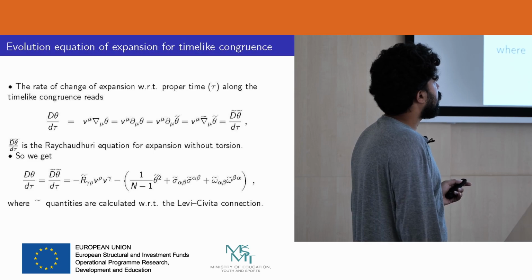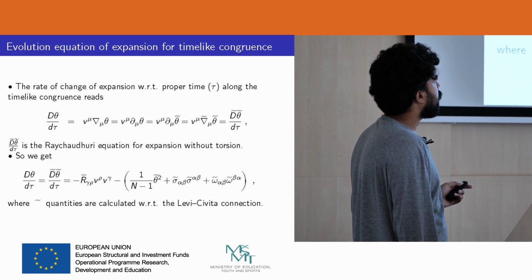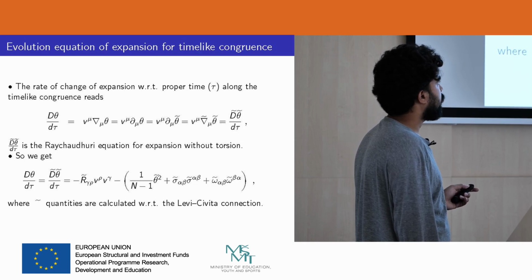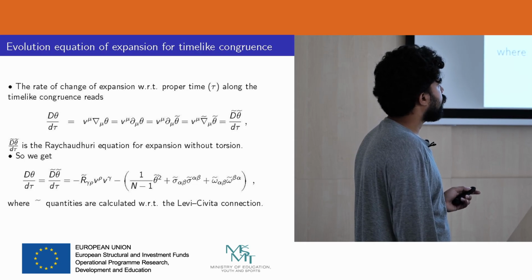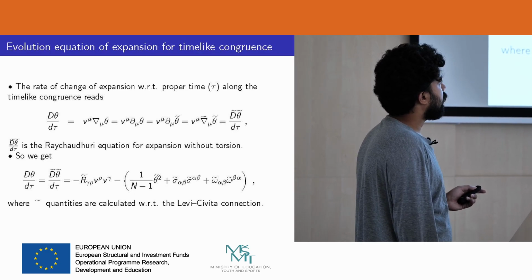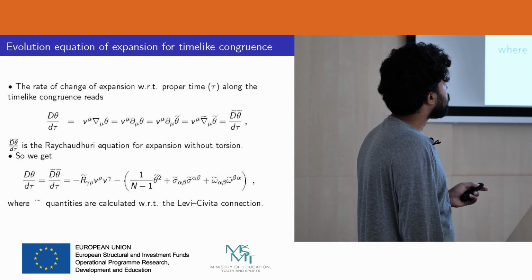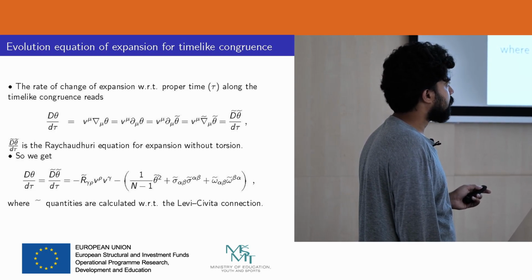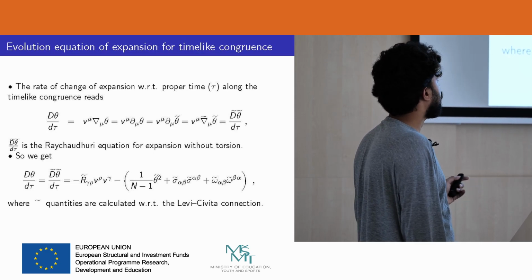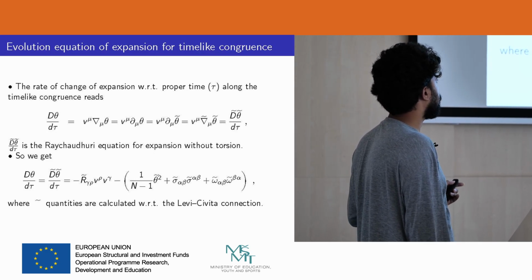So we can substitute this, and again promote the partial derivative to the covariant derivative. This is the definition of d tilde theta tilde d tau. So this is the Raychaudhuri equation for expansion without torsion, and this is with torsion.